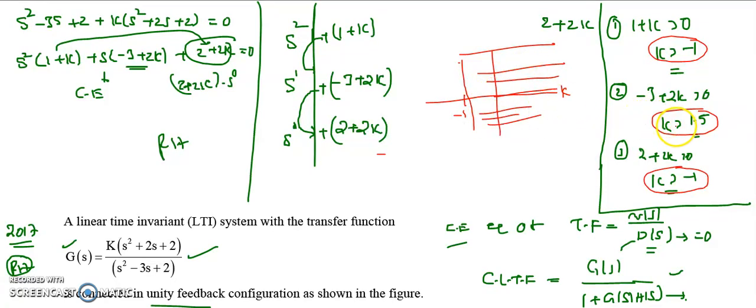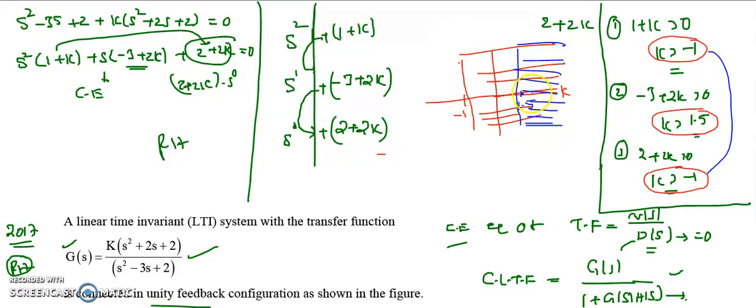And for the second condition, k greater than 1.5, plus 1.5 locates here. That means if k is greater than 1.5, the system is going to be stable. And the third one is k greater than minus 1, which is the same as the first case. First case and third case are the same, so both will come like this.